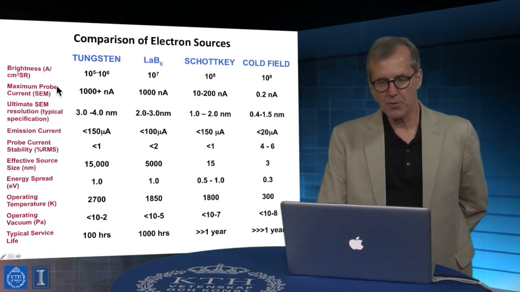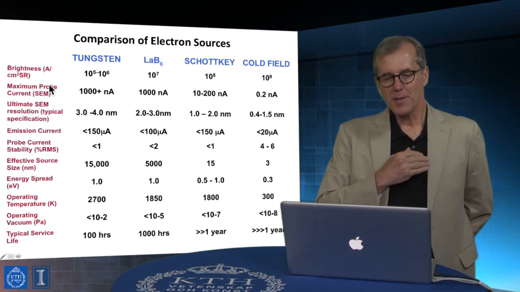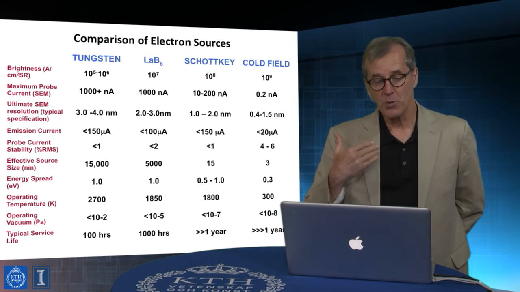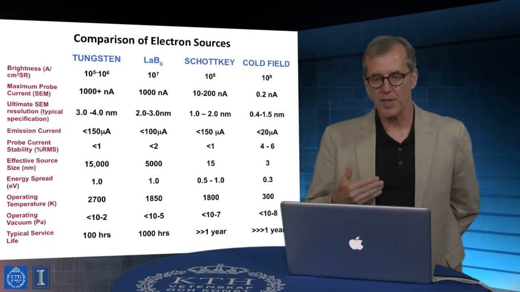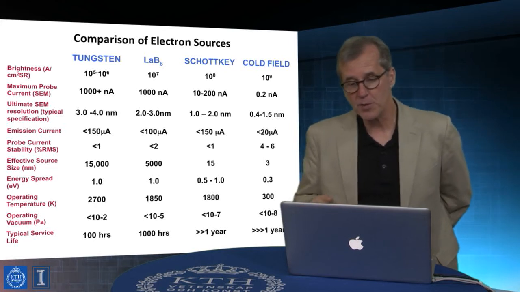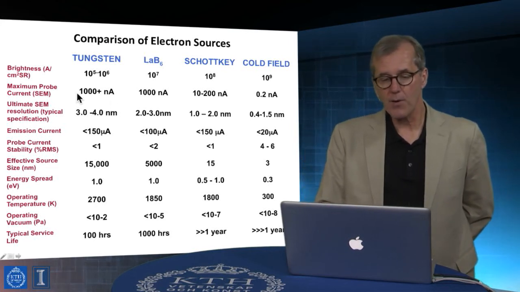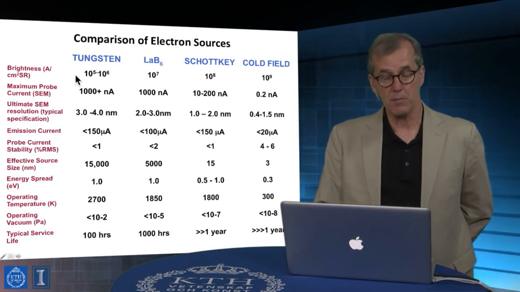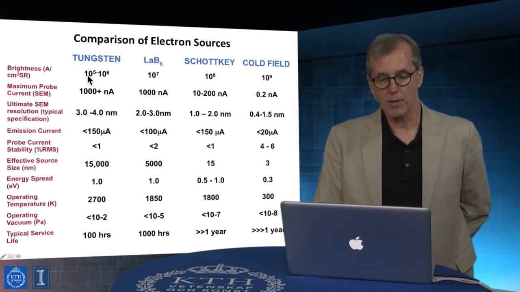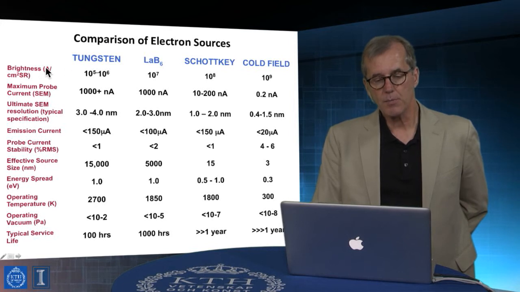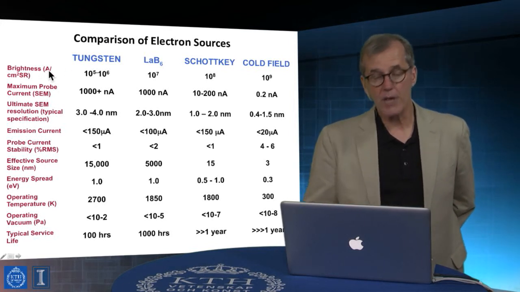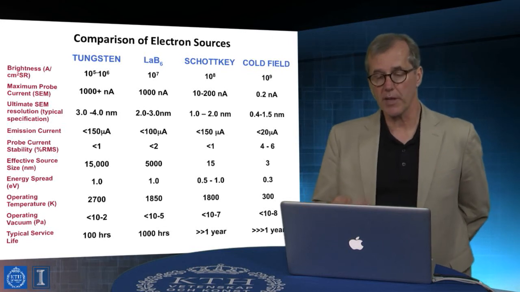There's actually a funny story here. This is a slide that shows you different kinds of sources that are used to generate the electrons used in analytical microscopes, and really what they vary in terms of is the beam current that can be provided, and it's also a beam current that has the spatial attributes associated with the electron sources.